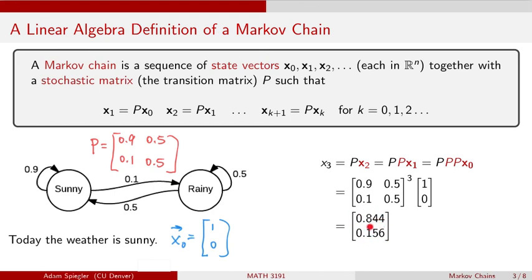So this first entry tells me that 3 days from now, there's an 84.4% chance that it's going to be sunny and a 15.6% chance that it's going to be rainy. And notice what comes out is another probability vector. This adds up to a probability of 1.